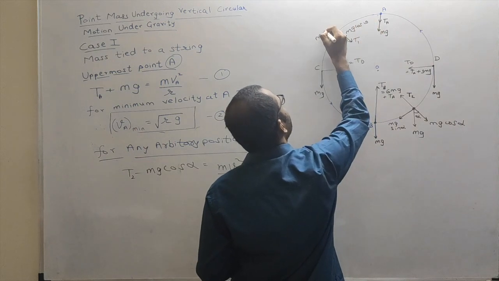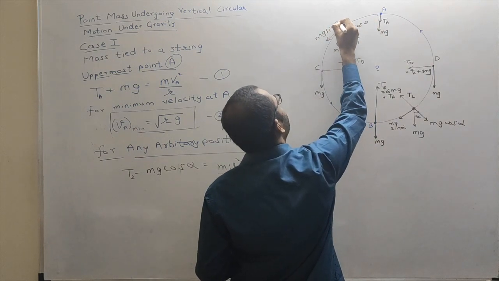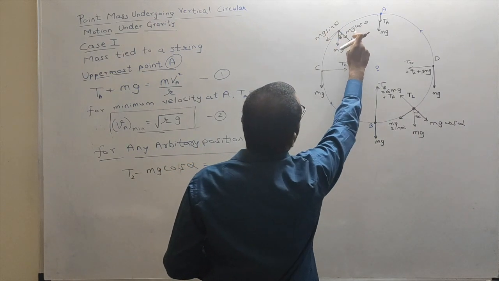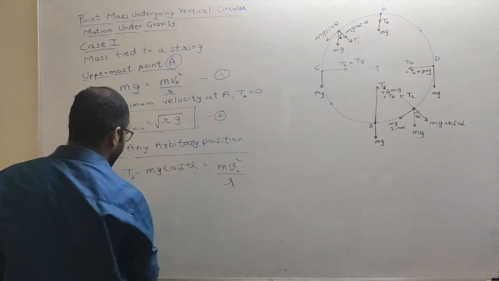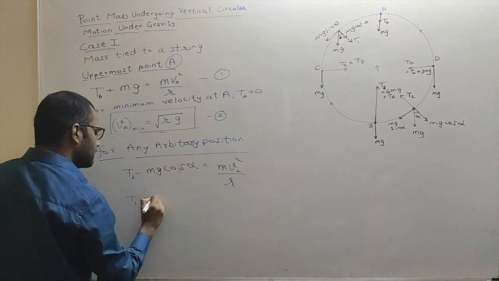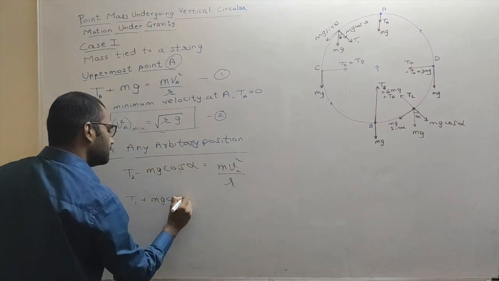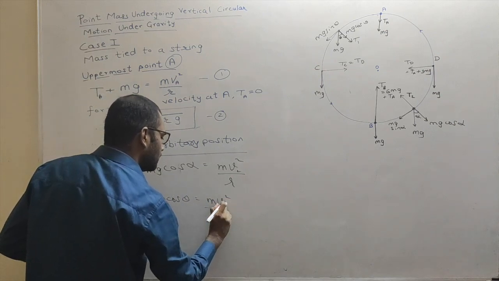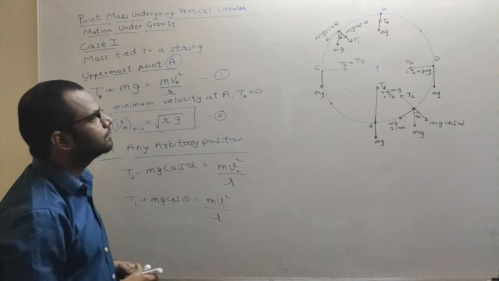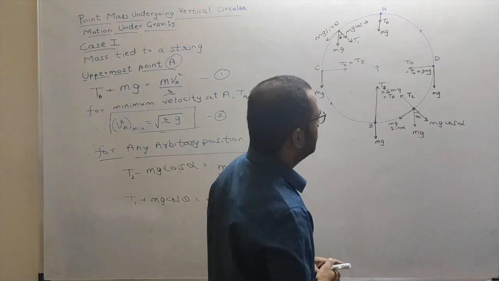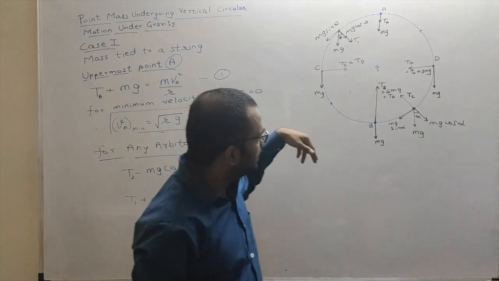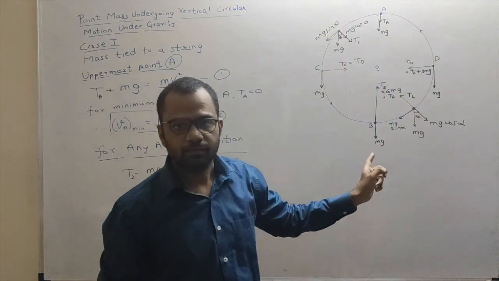The other component will be mg sin theta. Okay. So over here who is providing the centripetal force? Together mg cos theta and T1, and hence the equation will be T1 plus mg cos theta is equal to mv1 square upon r. In this way we can write down equations for any position.